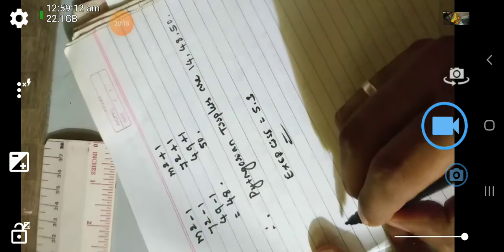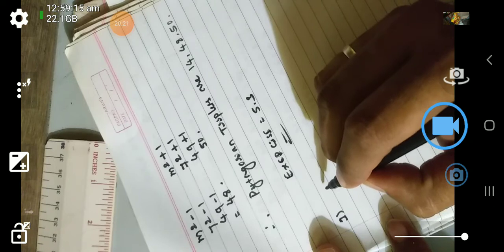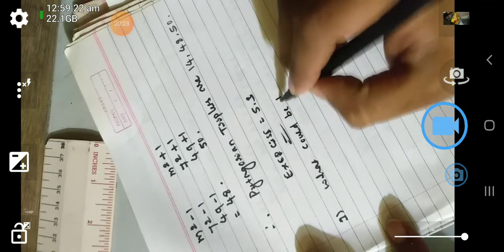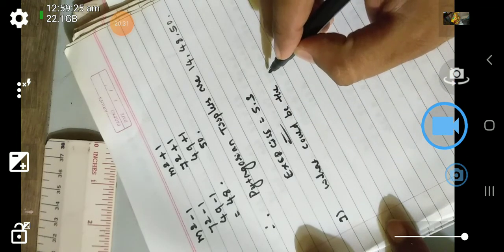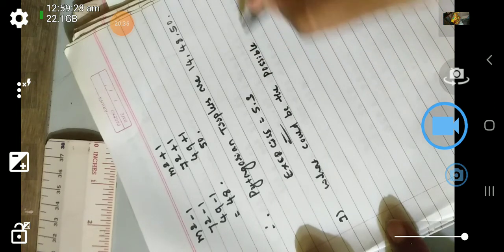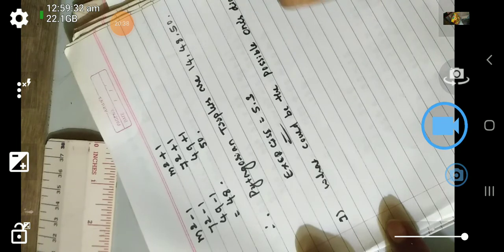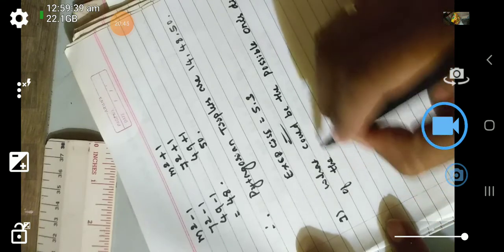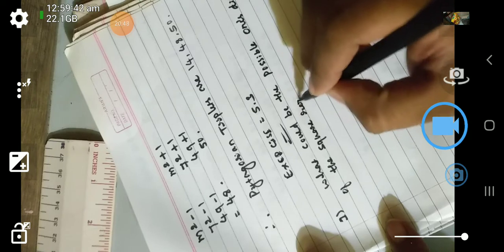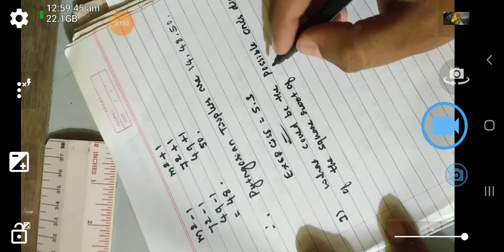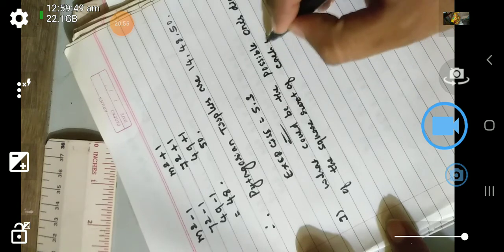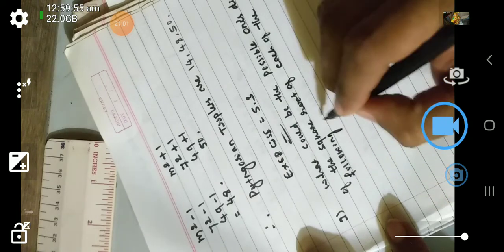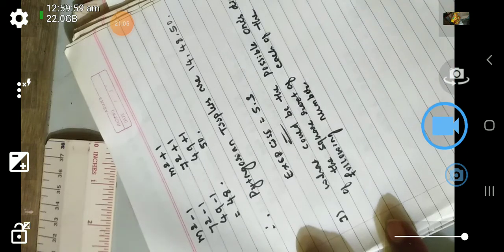So the first question: what could be the possible ones digit of the square root of each of the following numbers.